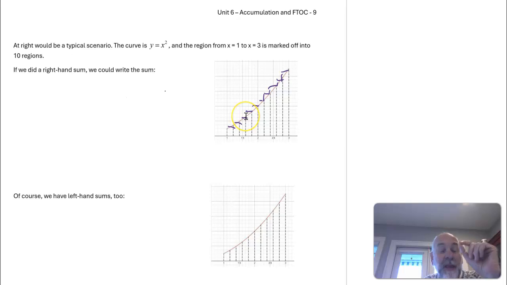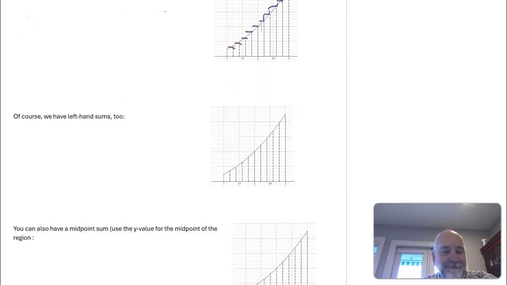There's more little spaces where we've got a little bit of overestimate, but they're really small, so it would be really close. And I hope you're thinking, oh, the more regions we take, the closer our estimate will be because those areas will be smaller. We just need to take a lot of regions, and I hope you're suspecting there's some calculus coming our way, and there is, and limits.